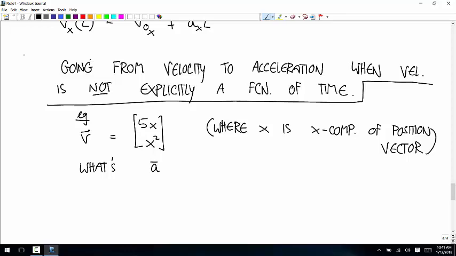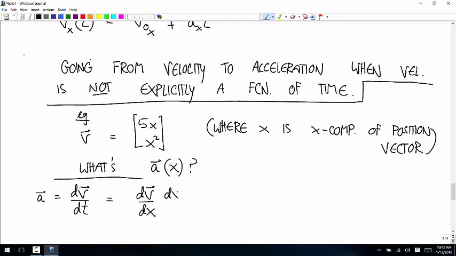And we want to calculate the acceleration as a function of x. Well, the approach we're going to use is that dv/dt, that's the definition of the acceleration, we can express as dv/dx times dx/dt.